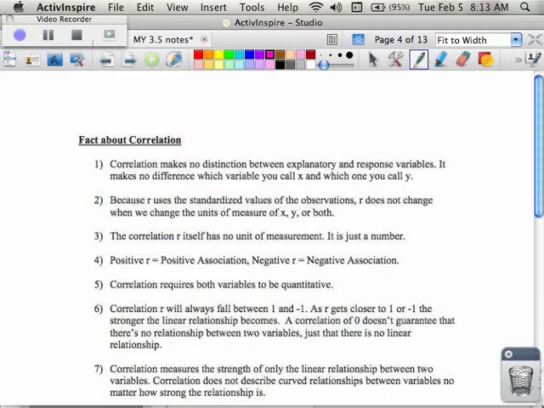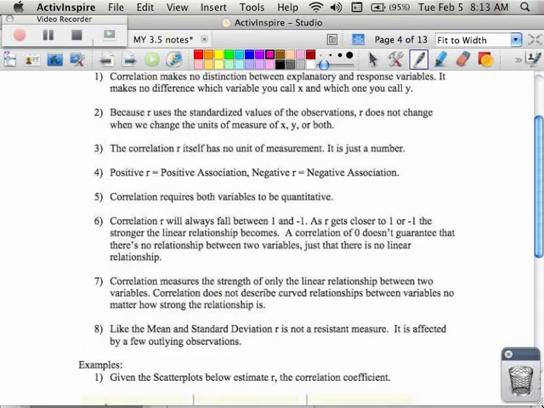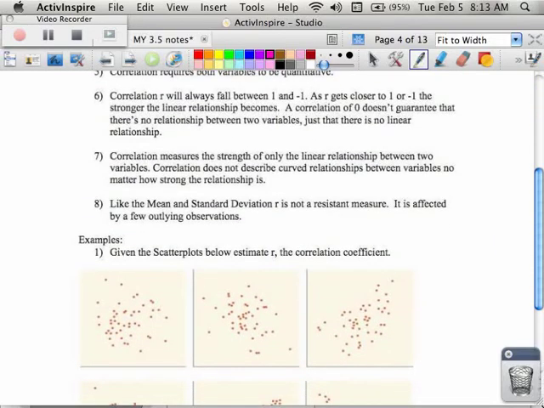And correlation measures the strength of linear relationships. So if we had a curved situation, correlation doesn't do a very good job. Like the mean and standard deviation, it's not resistant. That's very important. So correlation, not resistant.